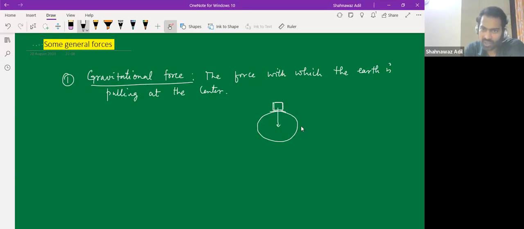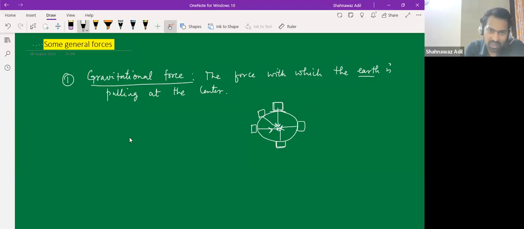Let's say somebody is in Australia or something like that, so he is also experiencing the same force toward the center of the earth. Somebody is here, so he is also experiencing the same force. This is the force that is experienced by everyone, and this is exerted by earth on us.